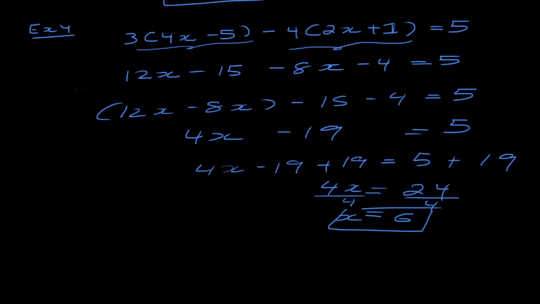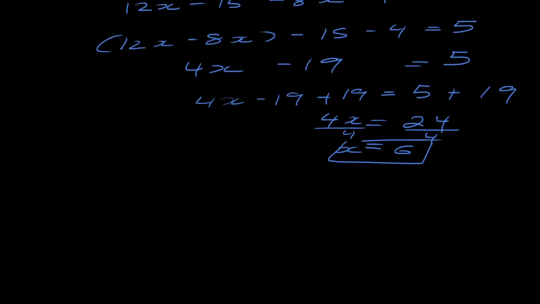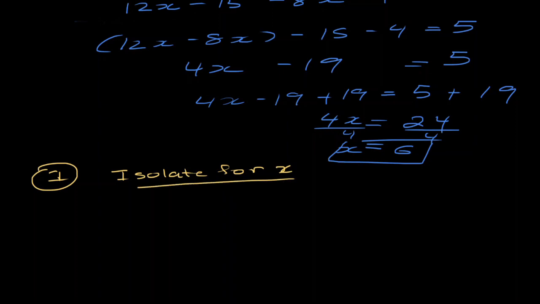Hopefully that was a good, concise little refresher on how to manipulate things. Remember, summary, there are 3 things. One, let me write this down, make sure you guys have this written down. Okay, so 1 is you want to isolate for x. That's the number 1 thing that you're trying to achieve.